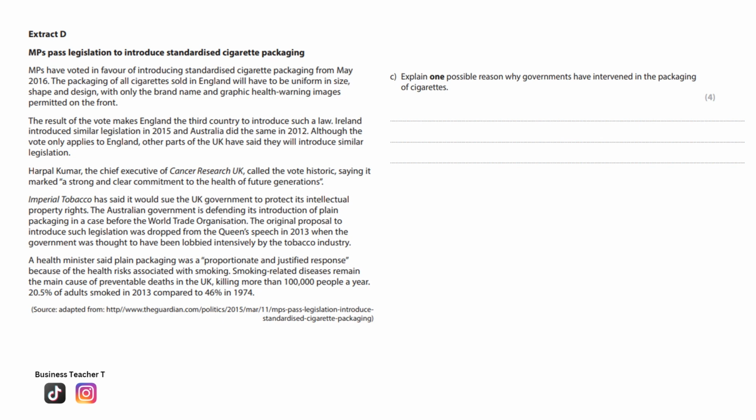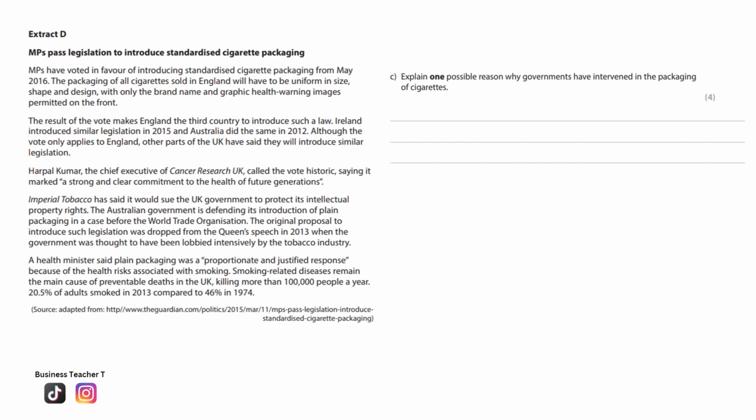Harpal Kumar, the Chief Executive of Cancer Research UK, called the vote historic, saying it marked a strong and clear commitment to the health of future generations. Imperial Tobacco has said it would sue the UK government to protect its intellectual property rights. The Australian government is defending its introduction of plain packaging in a case before the World Trade Organization.